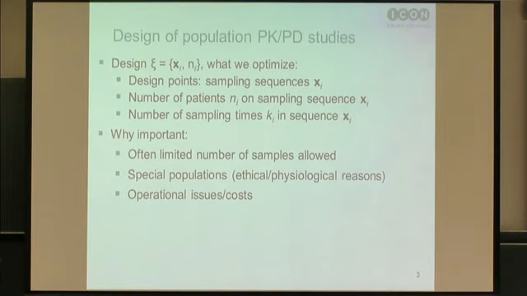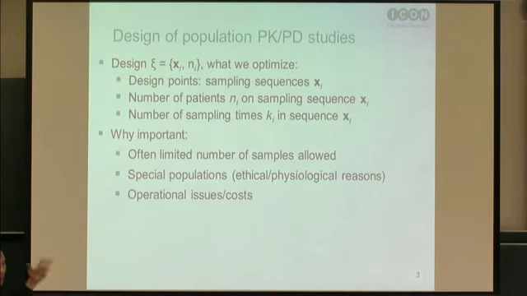Why is it important? Because very often a very limited number of samples are allowed to be taken from different patients, especially in special populations for different ethical or physiological reasons. For example, in pediatric populations, it's very often possible to take just 2 or 3 samples, and you have many parameters in the model, so individual estimation simply will not work, so we have to use the population approach.